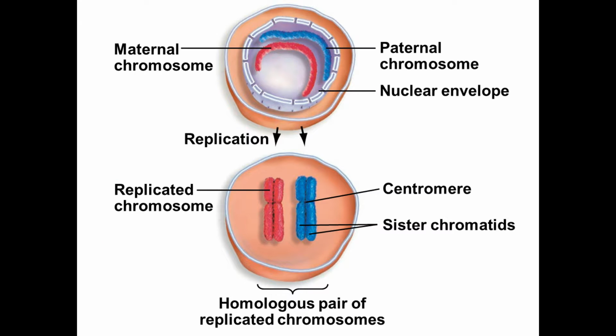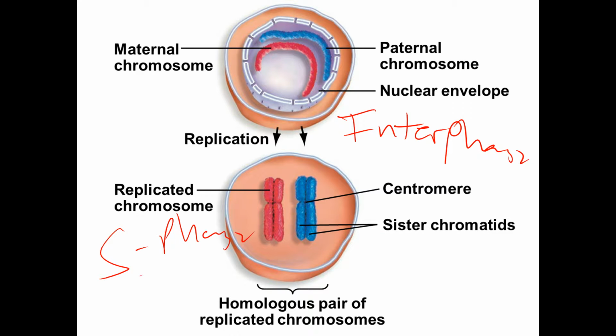So here we have our maternal chromosome and paternal chromosome. They replicate. All this takes place during interphase, specifically this replication stage occurs during the S phase.